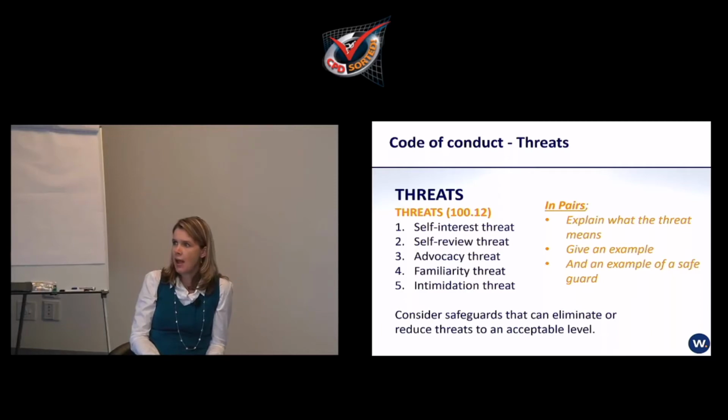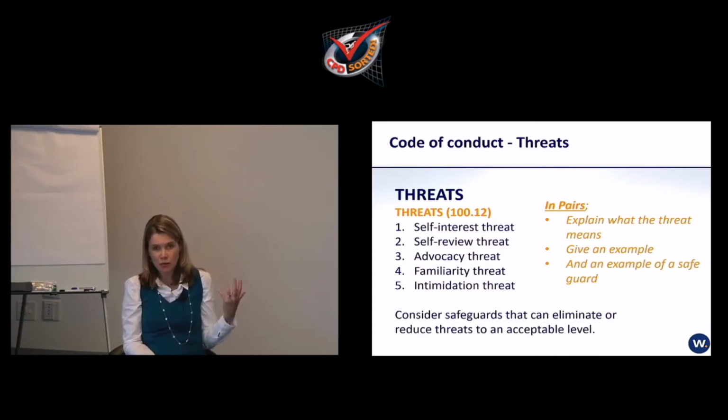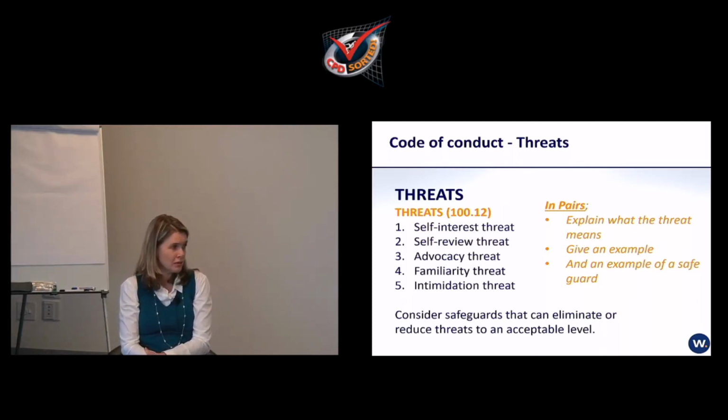Okay, and then the familiarity threat is something that if we are too familiar with it because we've audited it year after year, then we again lose our objectivity and our independence. And we'll come back to that, there's no answers coming through.